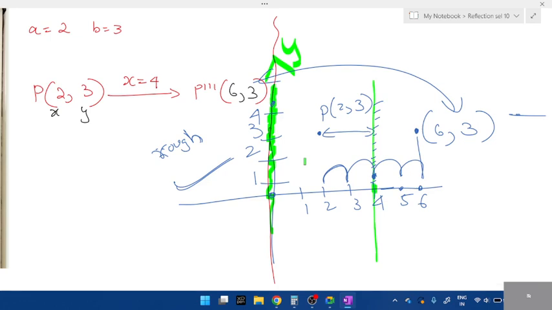And use the basic number line concept. Move from one point to another point. Should we do the next one? All of you completed this?